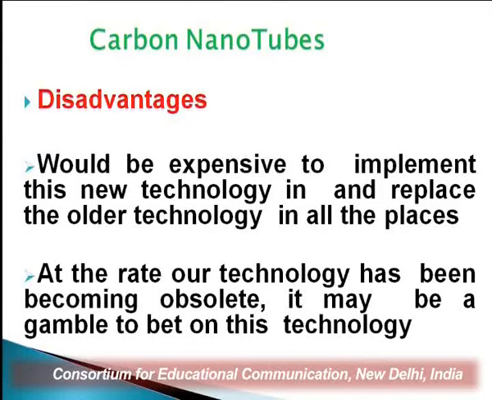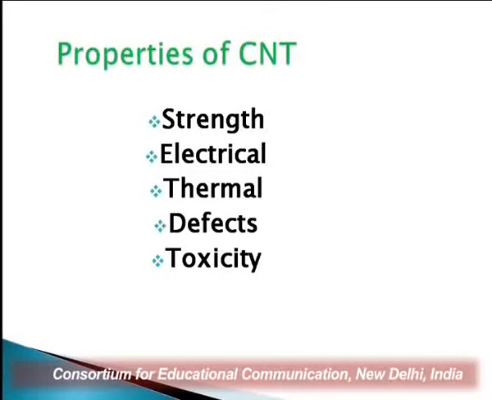At the rate our technology becomes obsolete, it may be a gamble to bet on this technology, but carbon nanotubes are still used for the preparation of electronic devices. Single electron transistors and other nano devices are prepared using carbon nanotubes.